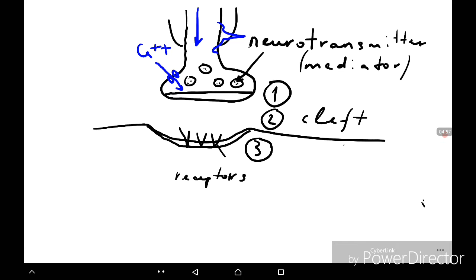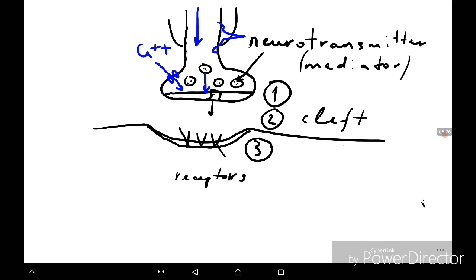Calcium initiates the movement of vesicles, and they reach the presynaptic membrane. They come closer, and then they secrete the neurotransmitter into the synaptic cleft.